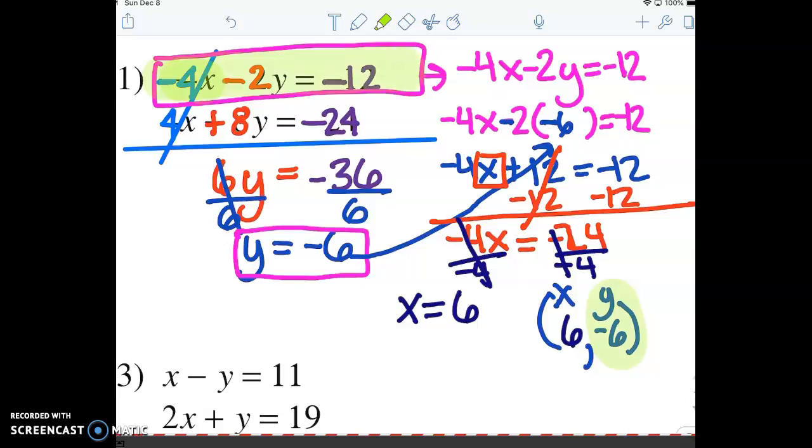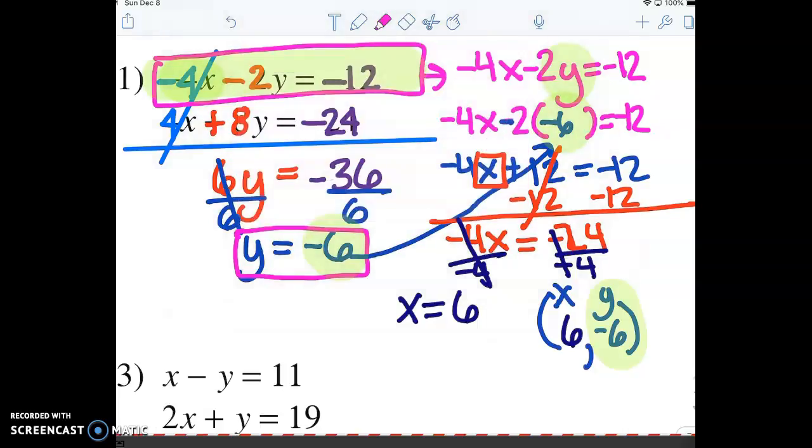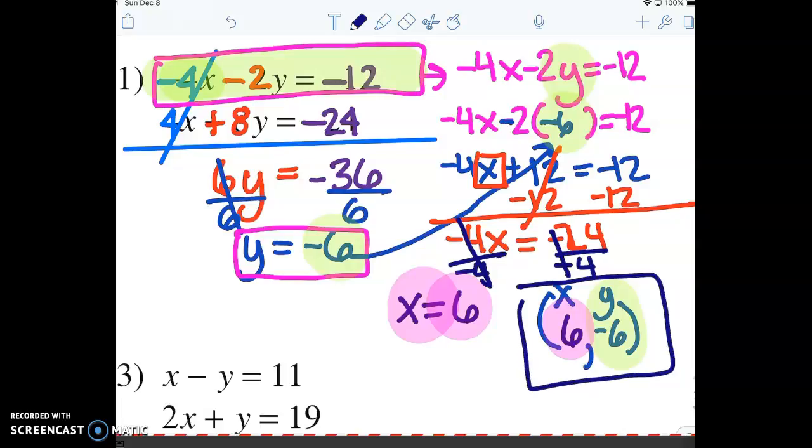We picked this one, and plugging in the value you got for where that letter was. Then you go through and you get the other variable, and you're going to plug that in to your point. And this is your final answer. Okay.